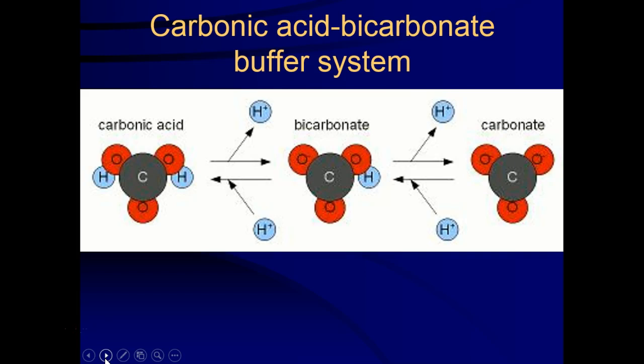So buffers are important systems. When you take anatomy and physiology, you'll learn about these buffer systems that we have in the blood. This is just one. We have a couple other ones, but they're very useful in keeping the pH at a narrow range.